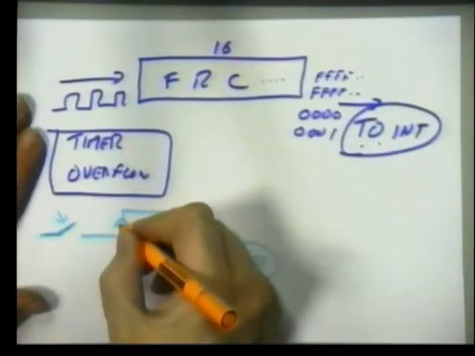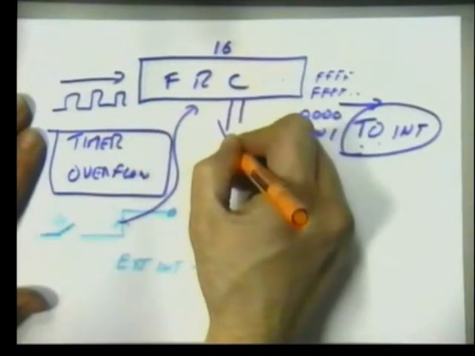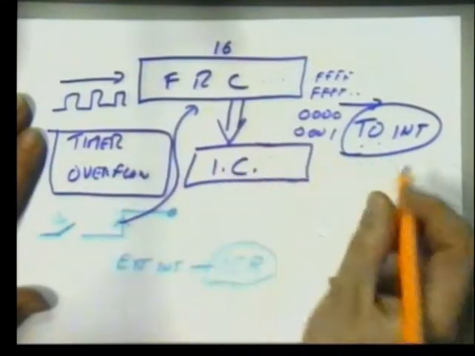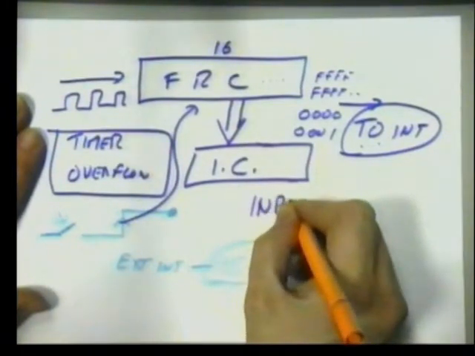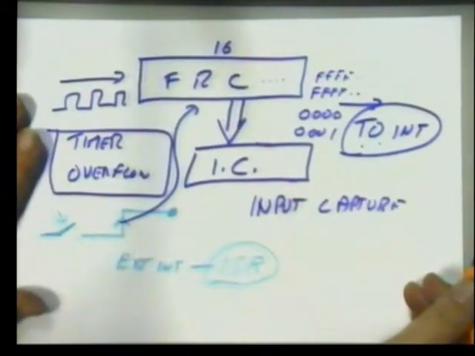So what happens is that on the rising edge event, that signals to the free running counter to take a copy, and it copies it into another register called the input capture register. So what we have combined together is the rising edge external event, and we've taken a copy of the time. We've taken a snapshot of it and we've stored it in the input capture register, and that's done automatically. Your program doesn't have to do it, it's automatic.